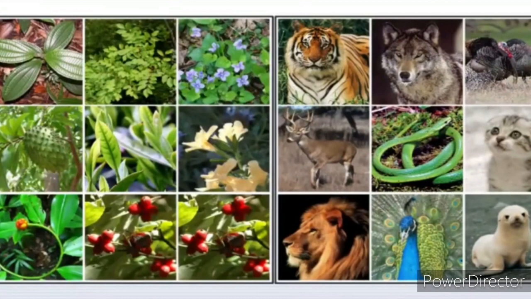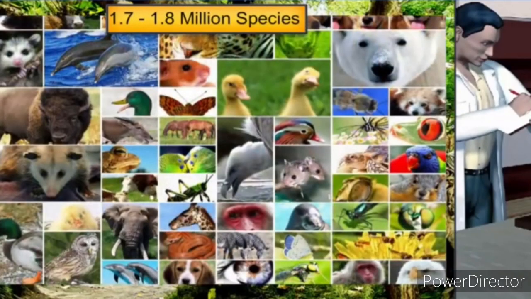Each different kind of plant, animal or organism that you see represents a species. The number of species that are known and described ranges in the millions. This refers to biodiversity.